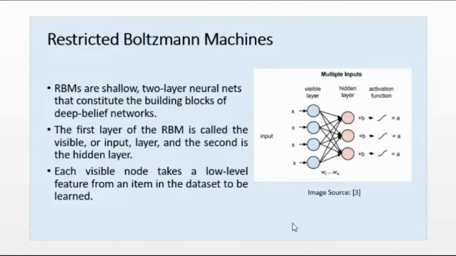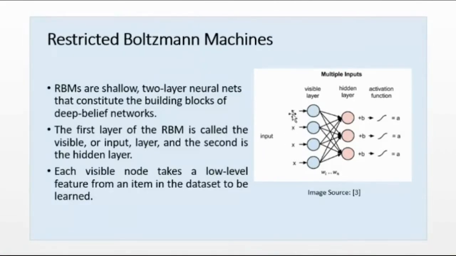The first layer of this RBM we call the visible layer, and the second layer is known as the hidden layer. Each visible node takes a low-level feature, which is the input. We give a feature from a data set that is to be learned.